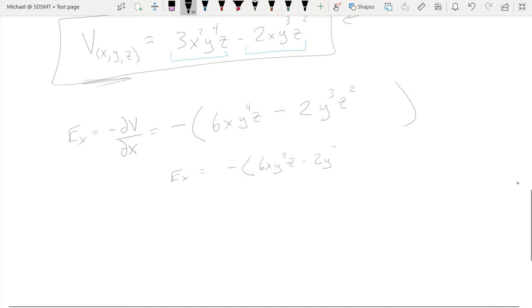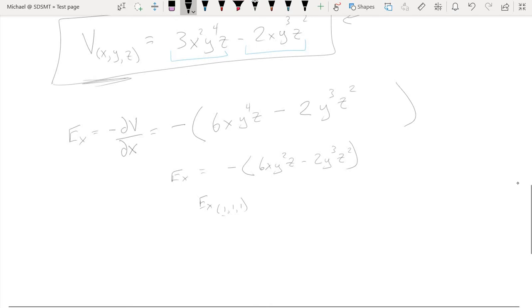Now, just like the electric potential function, this is a function as well. So how am I supposed to know what the X component of this electric field is at any given point in space? Well, in that case, plug in some values. Let's say we want to know what is the X component of the electric field at the point 1, 1, 1 in Cartesian space.